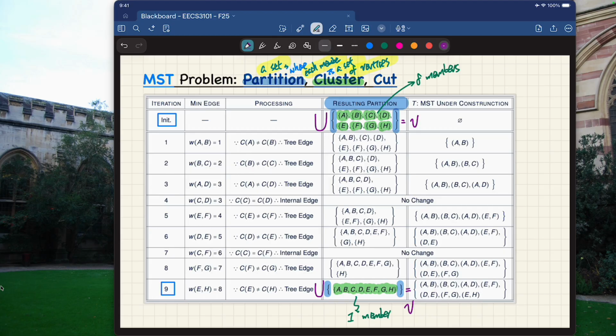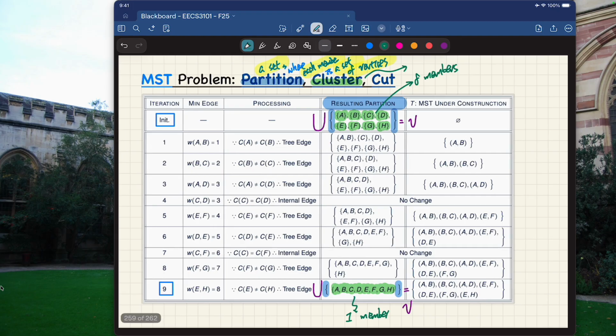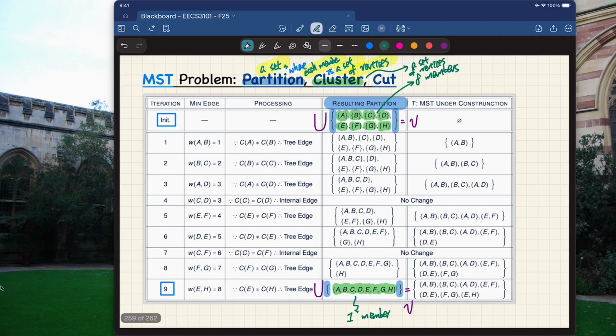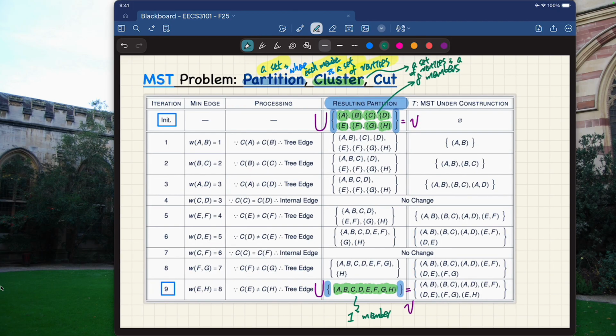A cluster by definition is simply a set of vertices. Basically, it's a piece or member of some partition.